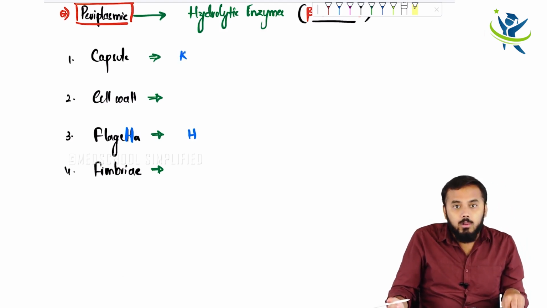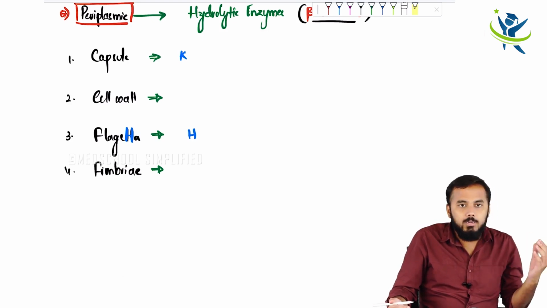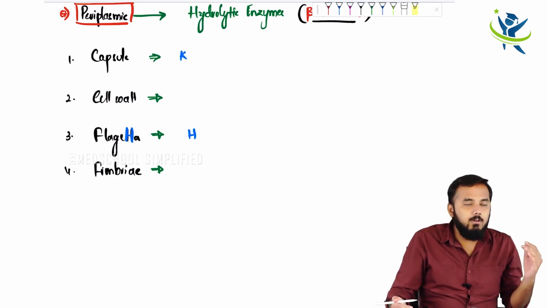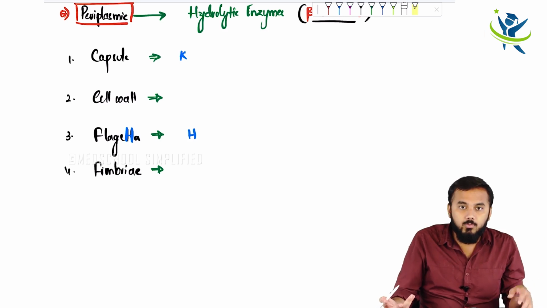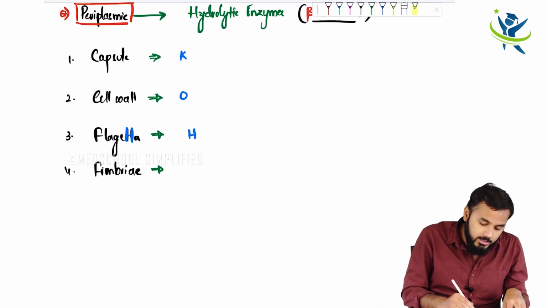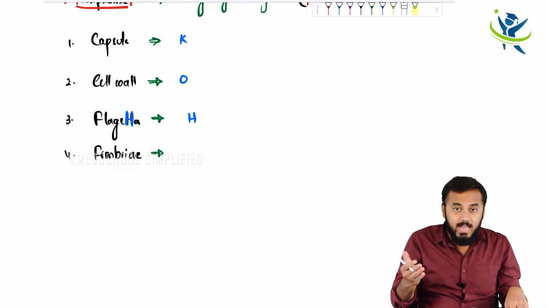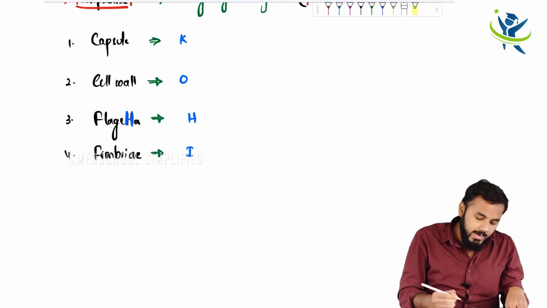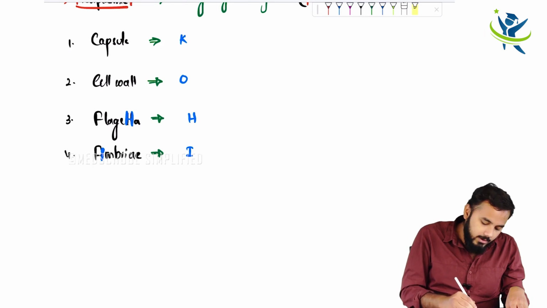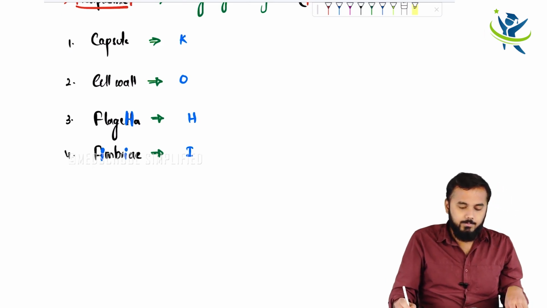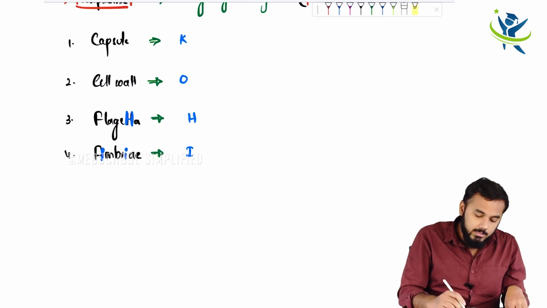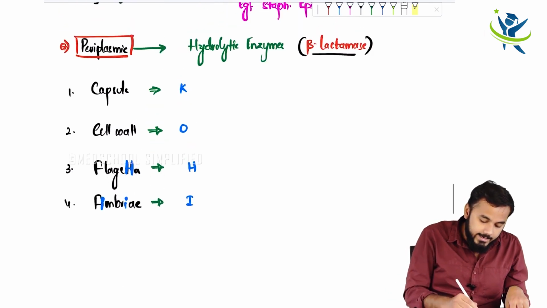Cell wall. You know, a wall is so hard to hit. The moment you hit the wall, it is O. Oh my god, it's wall. So it has O antigen. And in the same way, fimbriae has many I's in it, so it has I antigen. You see fimbriae, here you have an I, here you have an I. Fine. So all these are the antigens which are located within.